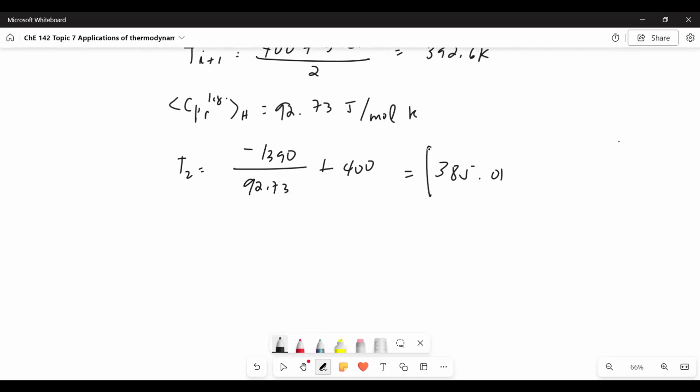But the next problem asks for delta S. What is the formula for delta S?